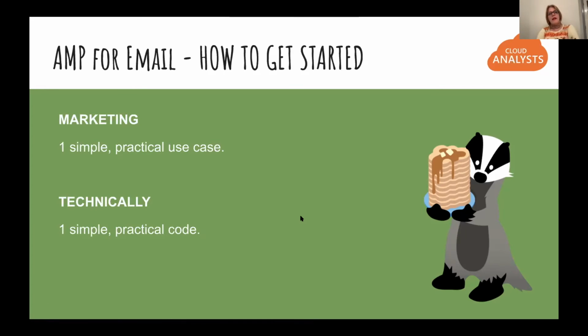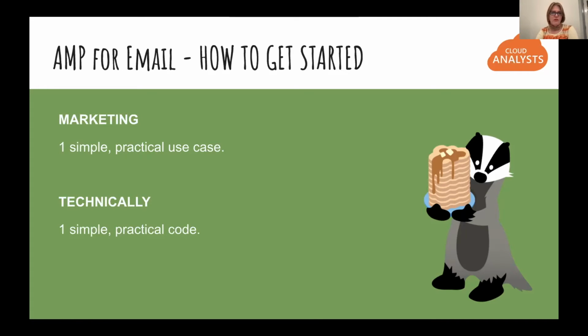So the next question is, okay, now how am I going to get started? There are always two sides to building emails in an organization. One is what the marketing people want, and the other is what you technically have time for. I think what you should really do is come up with a use case that is actually useful for marketing but nonetheless simple.